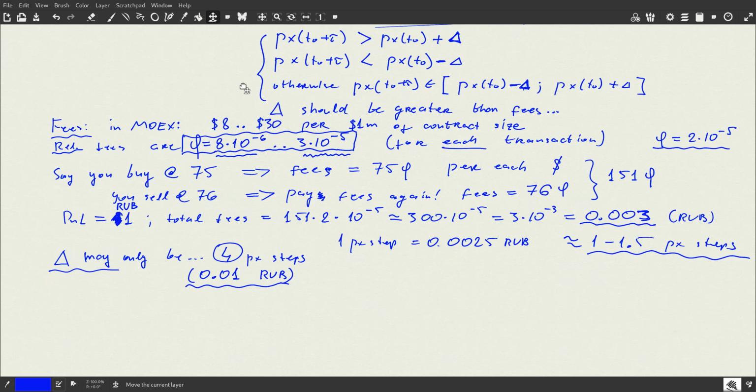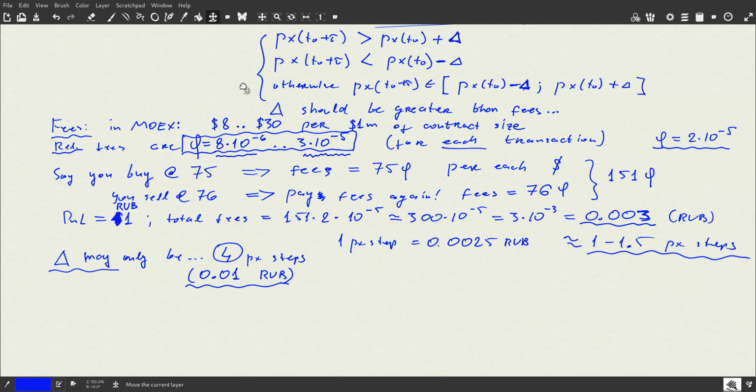So let us discuss. I would like to hear from you. What do you think actually? Should we, in designing this type of strategy and correspondingly designing our predictor, aim for sufficiently large deltas, such as maybe 1 ruble?